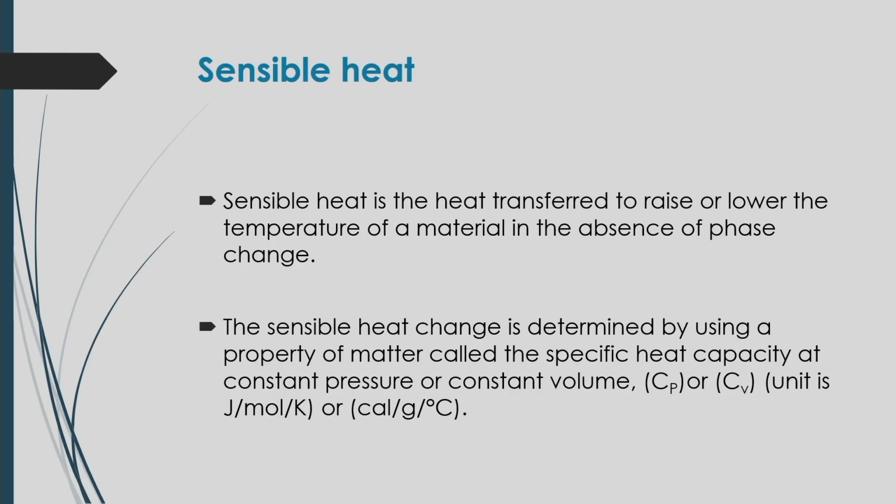And this sensible heat change is determined by using a property of matter called the specific heat capacity at constant pressure or constant volume, and it is represented by joule per mole per K or calorie per gram per degree Celsius. So, this sensible heat is basically one type of enthalpy change because of the temperature change.